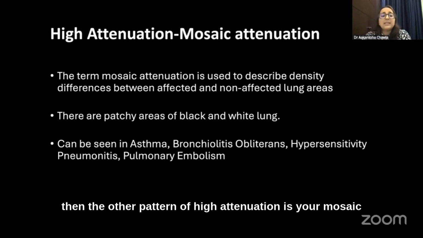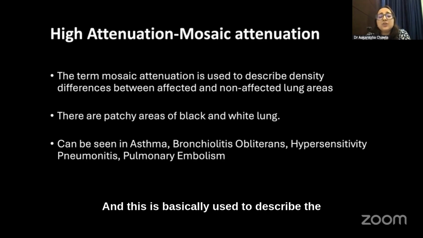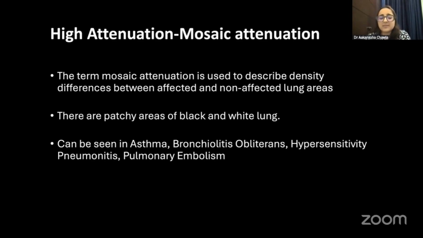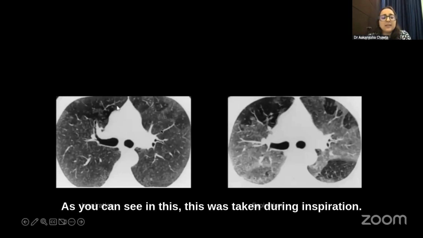So then the other pattern of high attenuation is your mosaic attenuation. Basically, these are patchy areas of black and white lung. This is used to describe the density differences between the affected and non-affected areas. Now look at these CT slice cuts. As you can see, this was taken during inspiration.